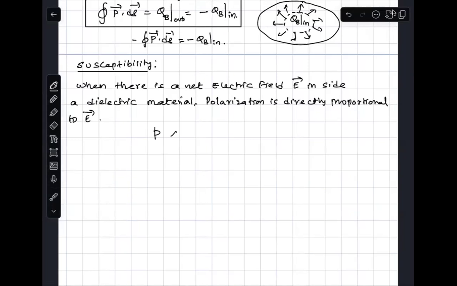So P is proportional to E. And vectorially, you will write this as E bar. And this term is what we called as susceptibility. Remember, this is purely property of the material.